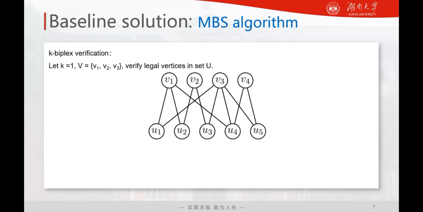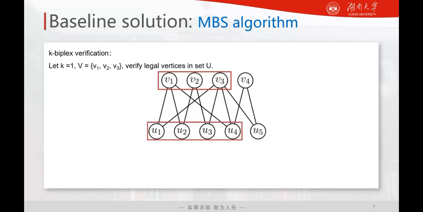For example, in this figure, we get the candidate sets V1, V2, and V3. And the labels are U1 to U4.